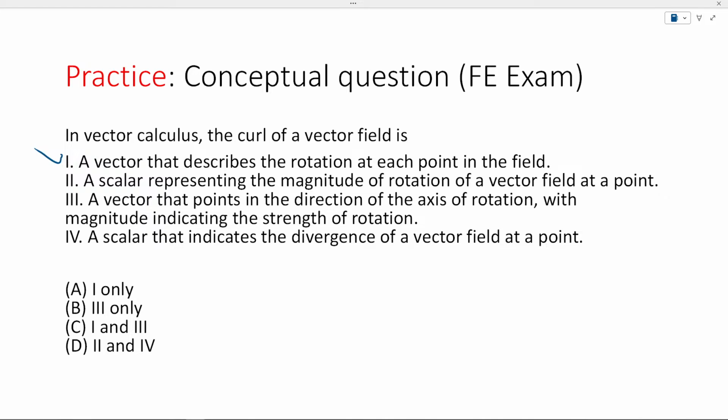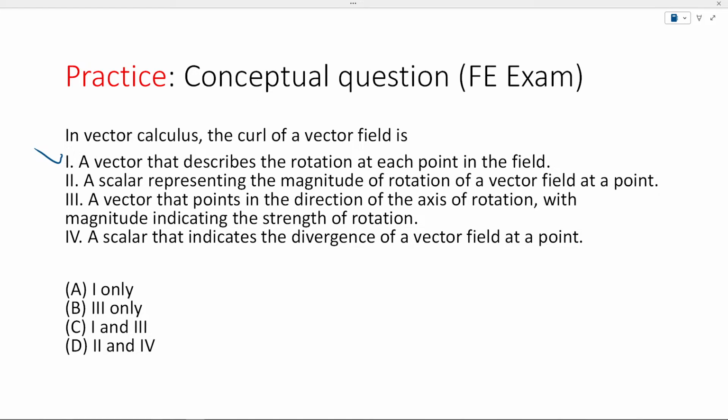Scalar representing the magnitude of rotation of the vector field at a point. No, this is not true. We know that the fundamental nature of curl is that it measures rotation. But this second statement is not correct, because it does not only point to the magnitude of rotation, but also to the direction.